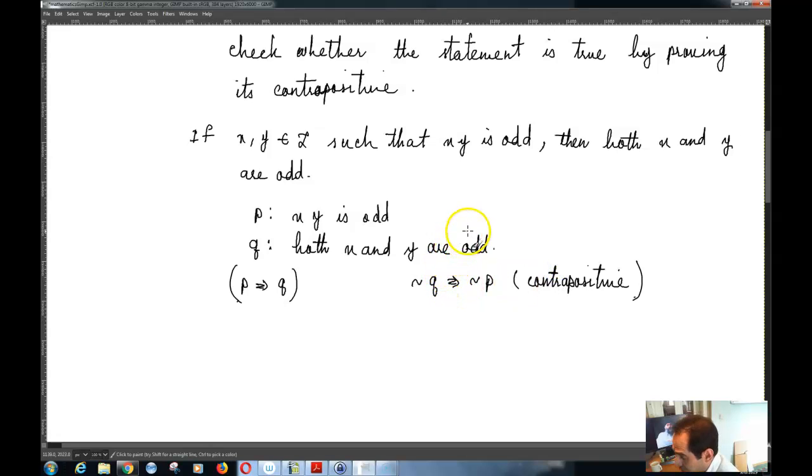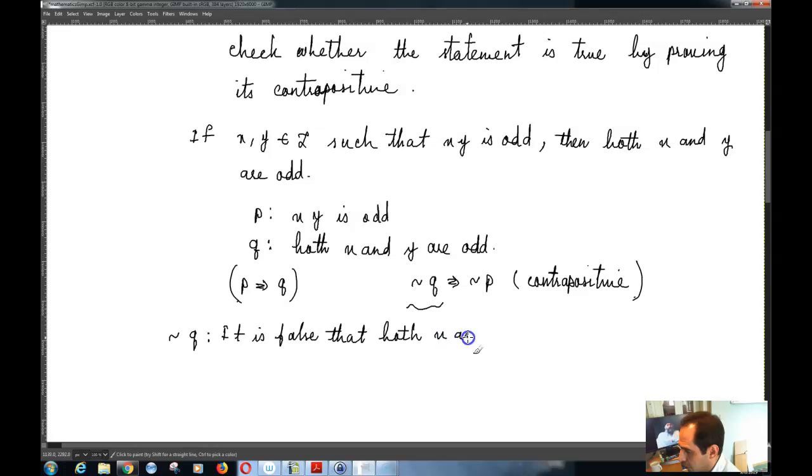Now, for the contrapositive, we need to make an assumption. The assumption that we want to make is not Q, the negation of Q. If you negate this statement, you can say that it is false that both x and y are odd.